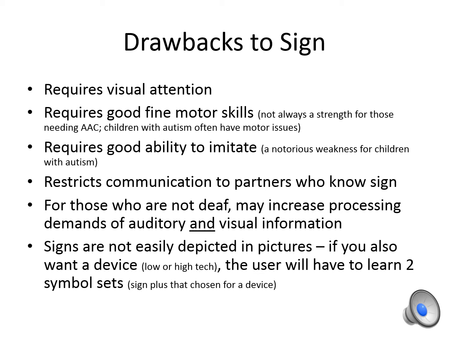I think the first and foremost that's kind of obvious is that sign language really requires visual attention to the speaker. And so if I'm going to understand what someone is telling me when they're using sign language, I have to be looking at them. And if you've taken some sign language classes, you know that the kind of location where signs are produced is in front of the face and the upper chest, upper torso.